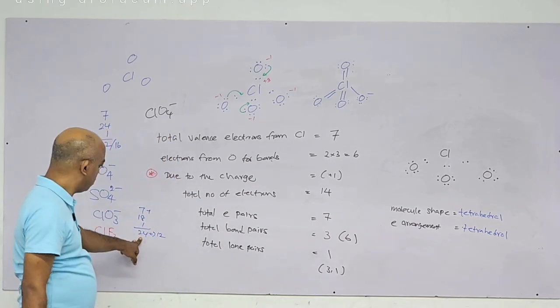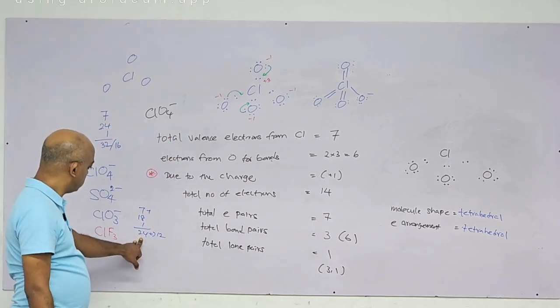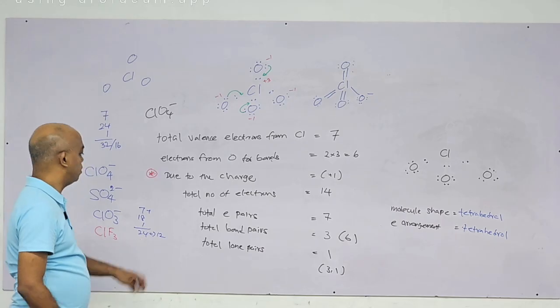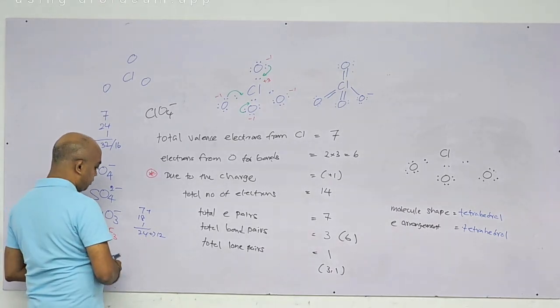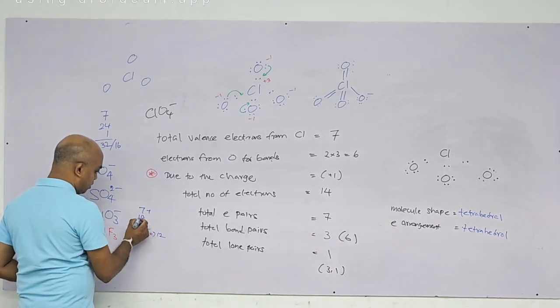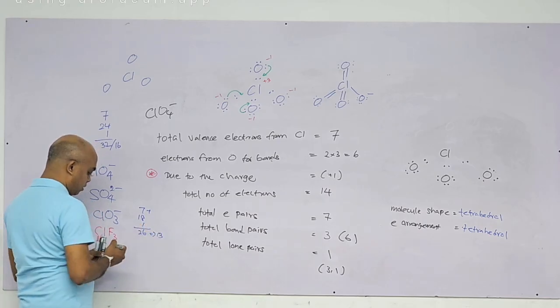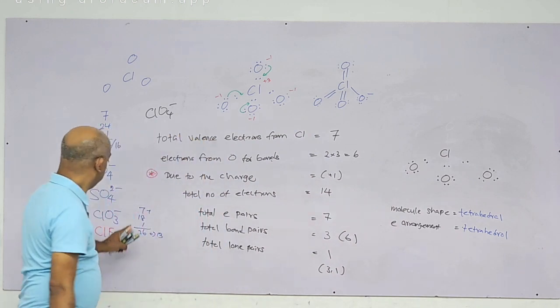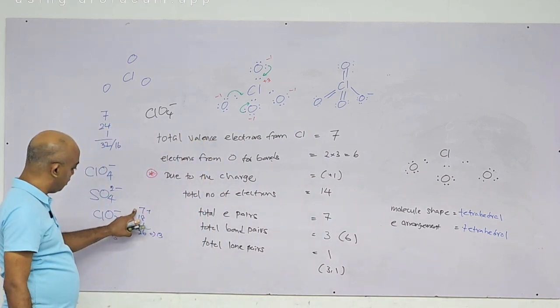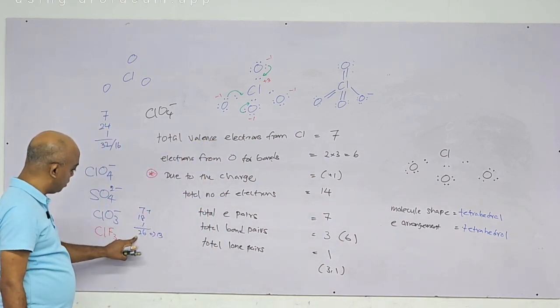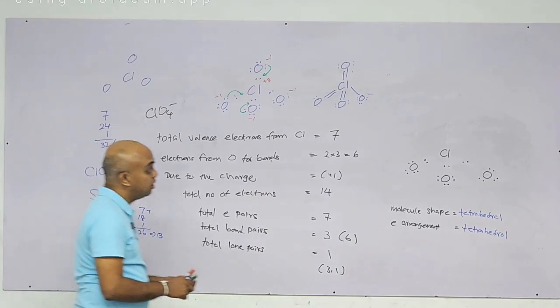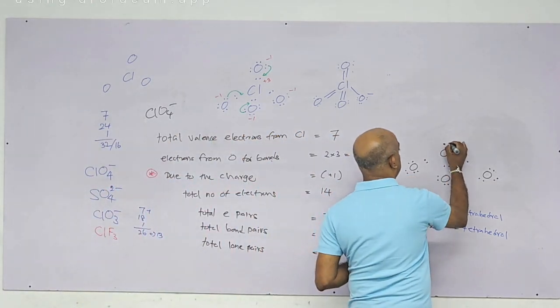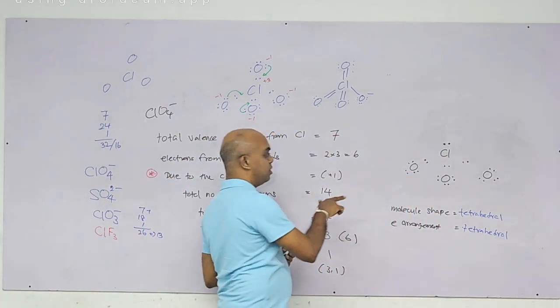So this is 13 because I need one on top of this one. That's why I have missed that one. Yeah, this is 7, 18 and plus 1, 26 and 13. So we will have one lone pair here as well after the allocation.